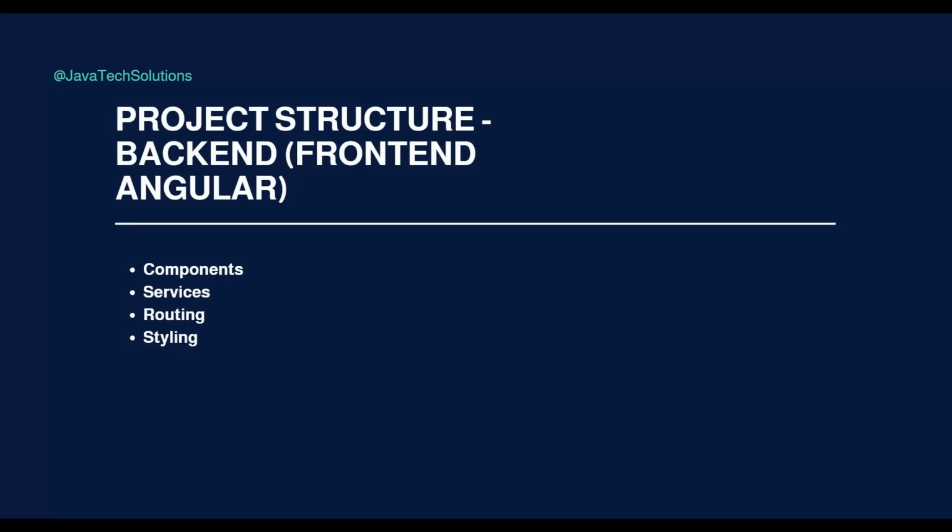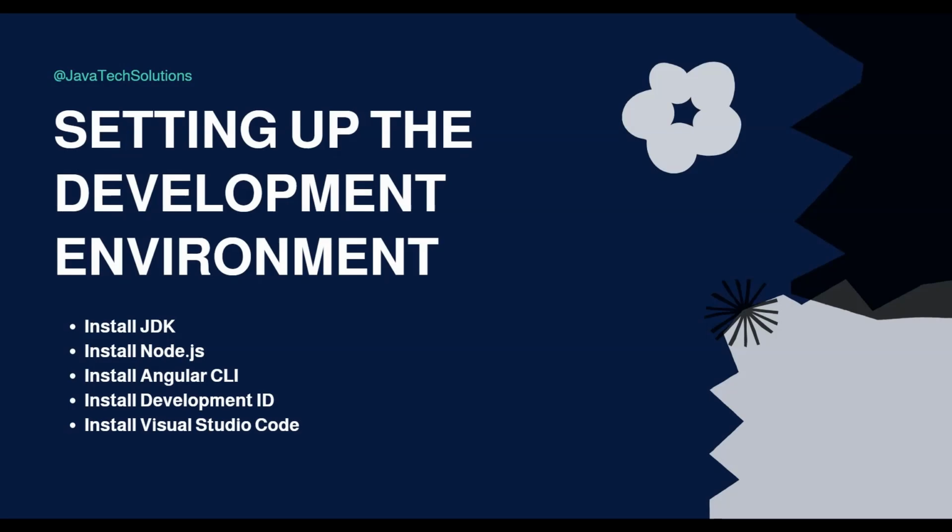Like we need to navigate from here to there, so for that routing is needed. And the styling, as you can understand, applies the CSS for a clean and responsive design.